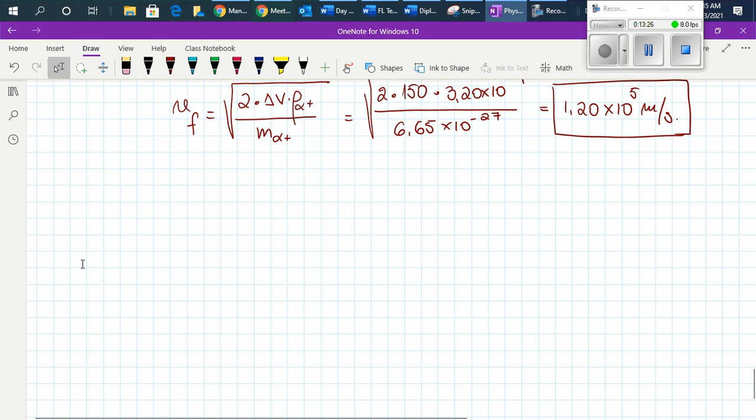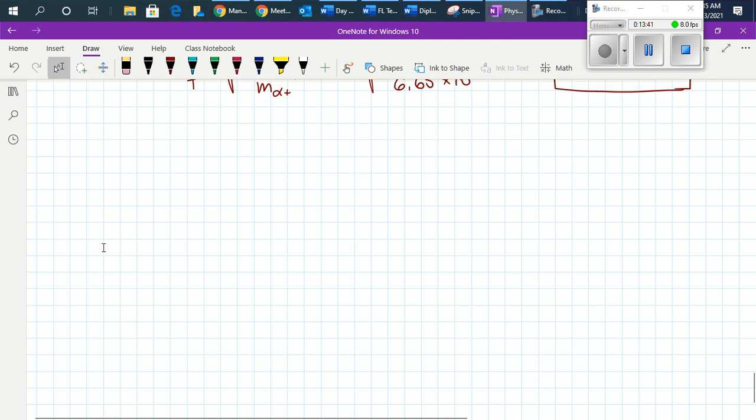So let's see now a case when the particle that is entering between two parallel plates is having a certain velocity. So it is kind of having a start with the velocity. So the example that we will see now will be when we have a proton that is entering between two parallel plates.